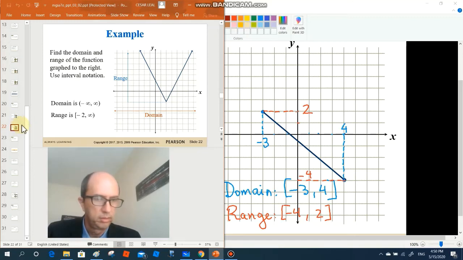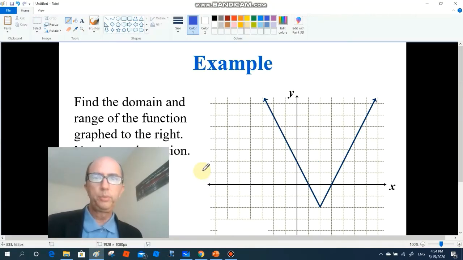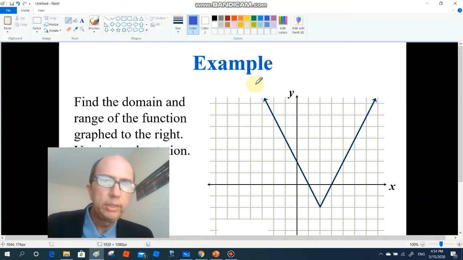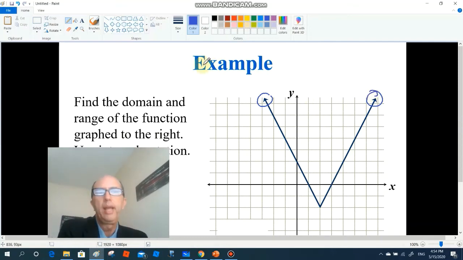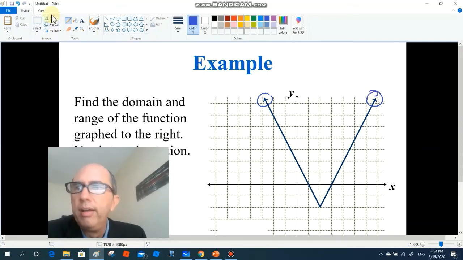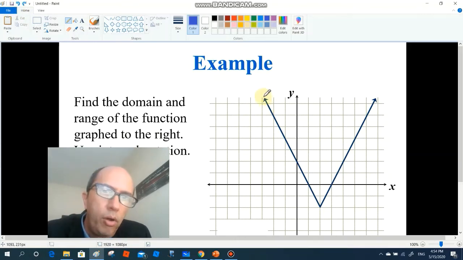So let's work another example. Now we have another graph, and note that we have arrows here. Notice that we have arrows now, and that means this graph actually goes all the way to infinity.